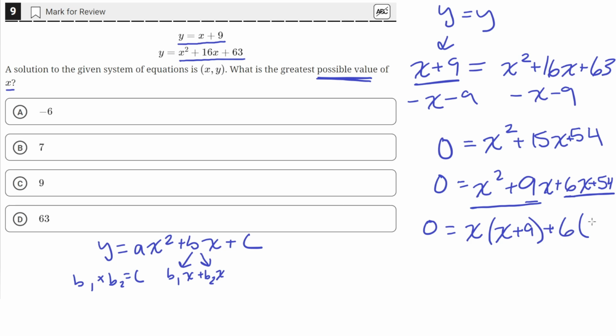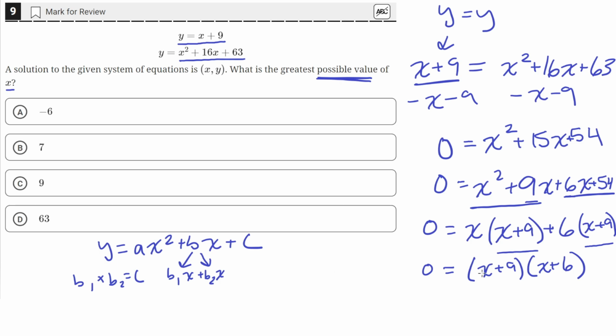So 6 times x is equal to 6x, and then 6 times 9 is equal to 54. Now we can see that what's inside these two parentheses is the same. So we can take that as a factor and common out as well. So x plus 9 times x plus 6.